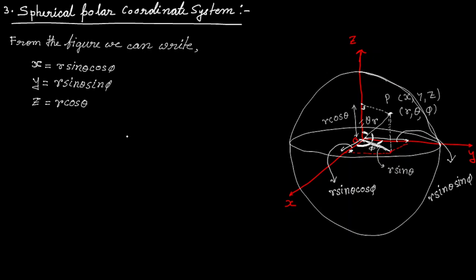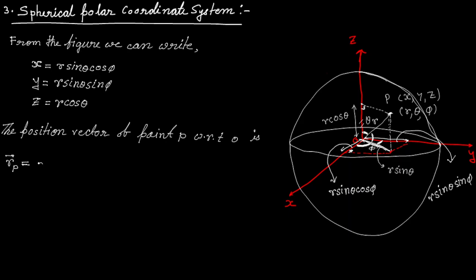So once we know the value of x, y, z in terms of R, theta, phi, then in the next step we can write the position vector of P with respect to the origin O. So right here, the position vector of point P with respect to the origin O is R_P, which we can write in terms of x, y, z as x i cap, y j cap, and z k cap.